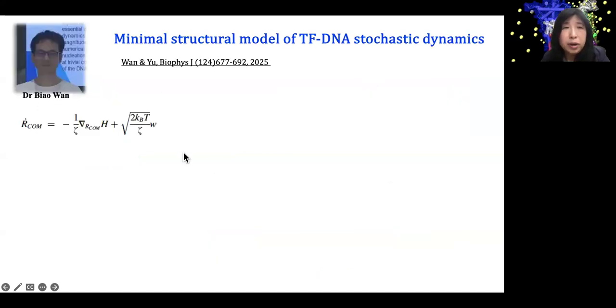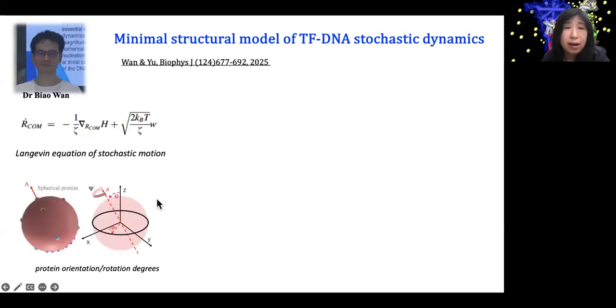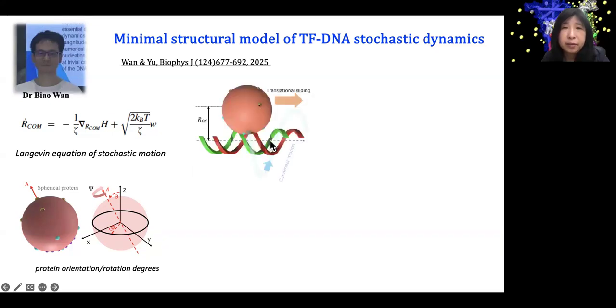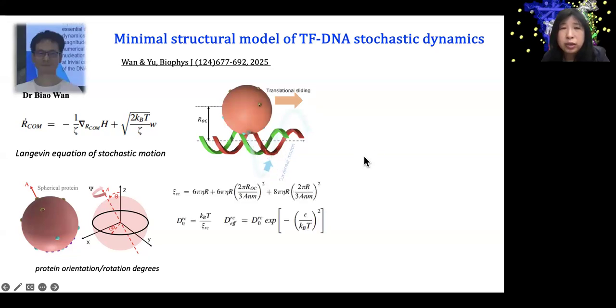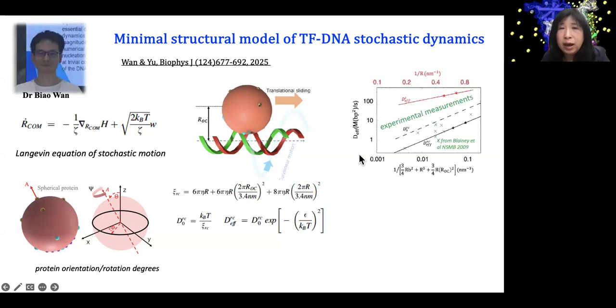So for the motion, we use the Langevin equation to describe the protein translation on the DNA. Besides, we have to take into account the protein rotation, which is very important because the specific interaction is directionally dependent. We also have to consider the helical path impact on the hydrodynamics of the system. Only when these are taken into account can we generate effective 1D diffusion coefficients matching experimental measurements.